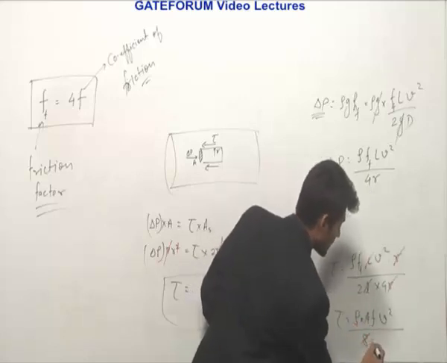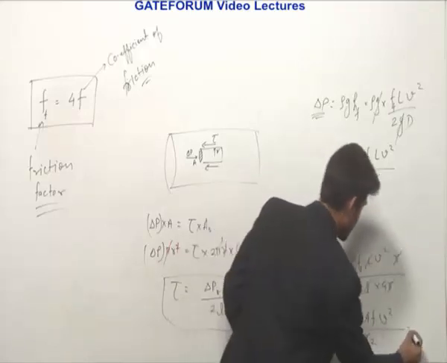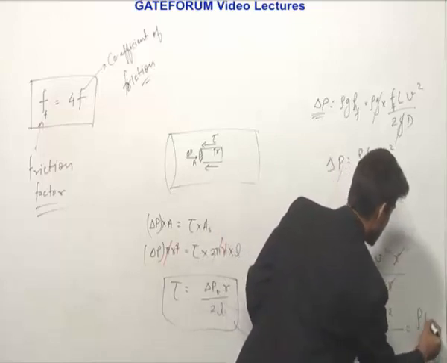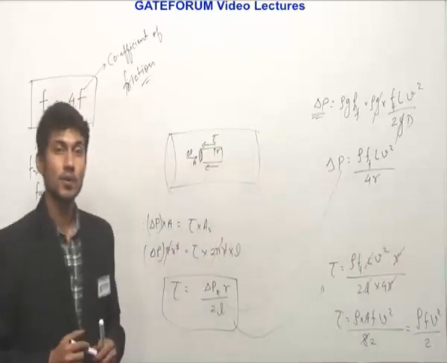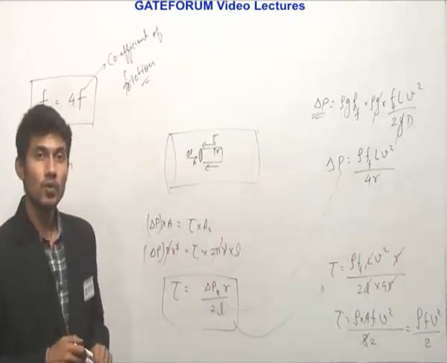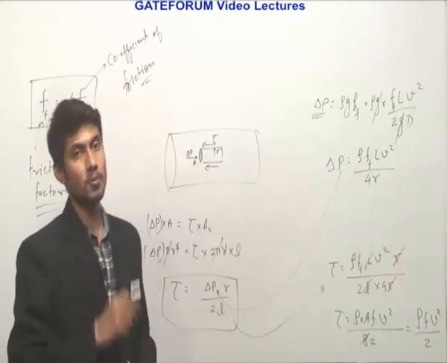So 4 and 8 can be cancelled, so the final answer will be rho f V square divided by 2. So rho f V square by 2, option number A.